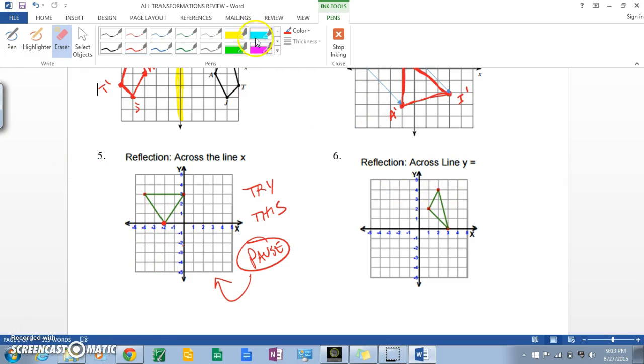6, across the line y. In other words, across the y-axis here. This is another one where I'm going to have you try it on your own. Alright, so at this point you need to pause and try 6 on your own.